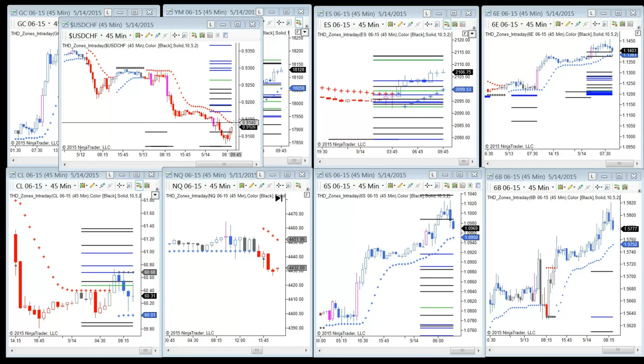I don't ever know at what precise moment the market will move. But I do know that I will be there when it starts. That's the reason we programmed in all of these different options.